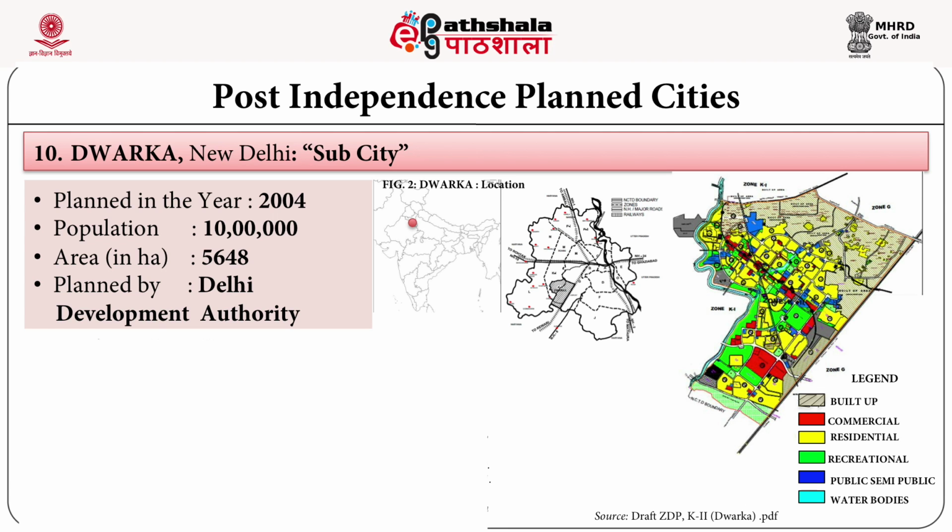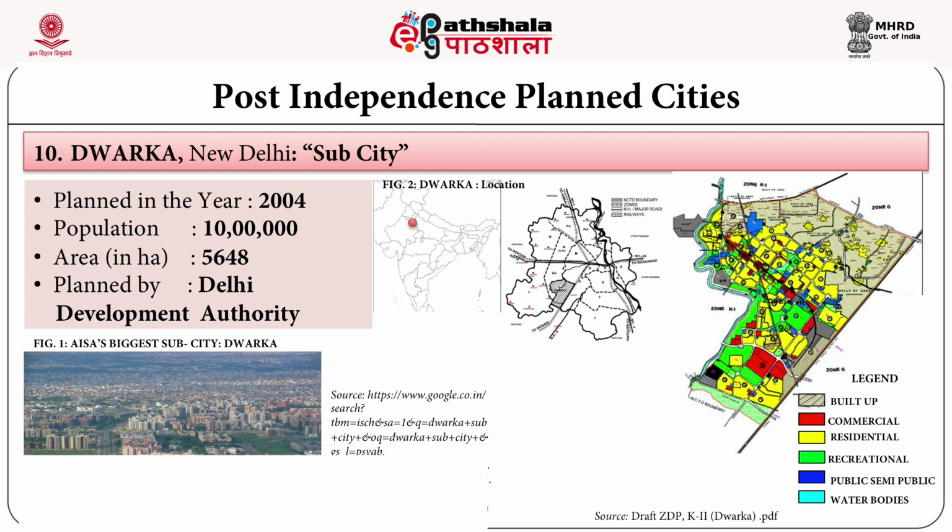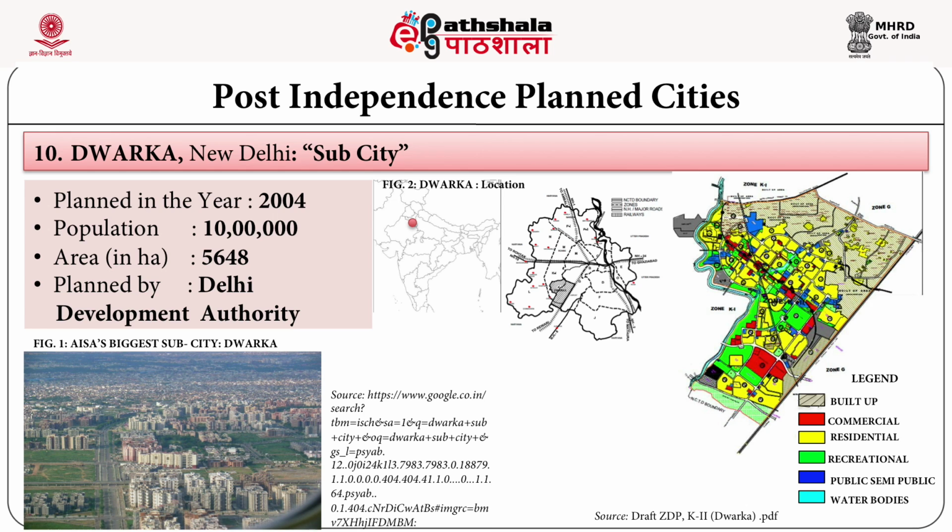You can see in this image the development of Dwarka, and the location, as I said, in the southwest part of Delhi. And this shows the plan of Dwarka, which shows the residential areas, commercial areas, recreational areas, public, semi-public areas, and the water bodies.